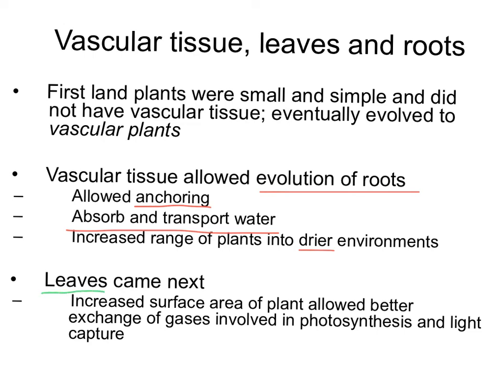And leaves were really important because it increases the surface area, which means plants have better access to sunlight coming in. And leaves are also the place of gas exchange, which means oxygen can leave the plant and the plant can accept carbon dioxide. So we're growing in terms of surface area as well. And as we all know, surface area is key for so many things in organisms.